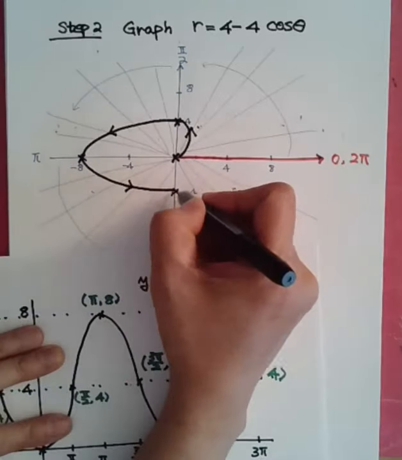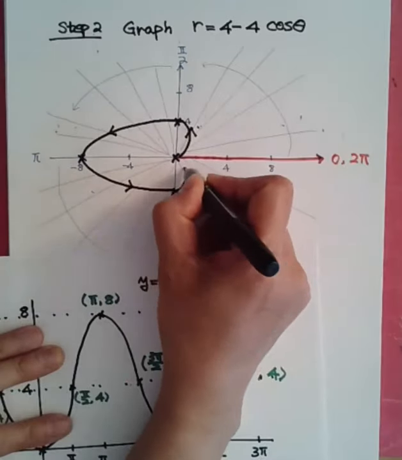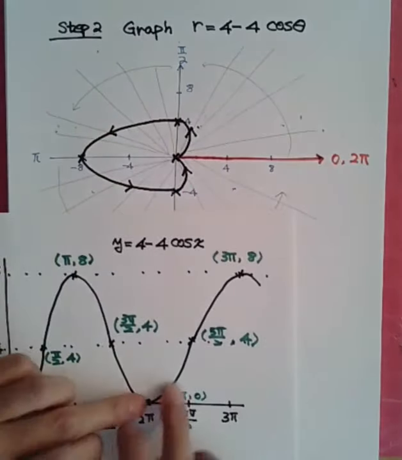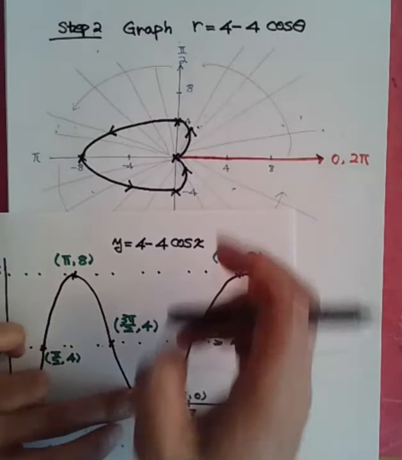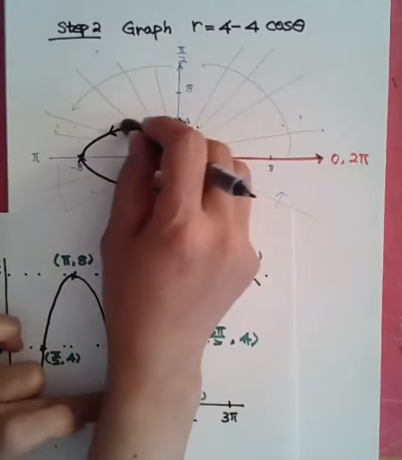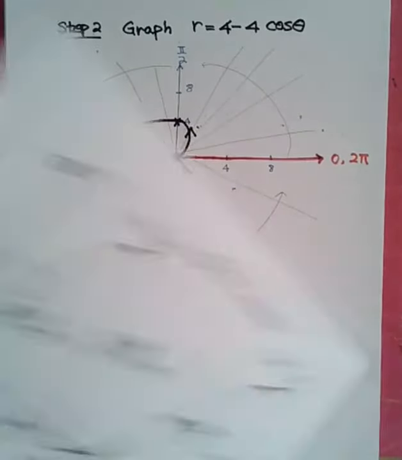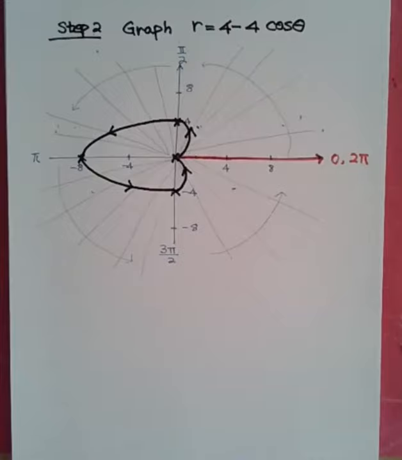So the shape will look like this. If you go further, then you will follow this curve again and again. So this is the completed graph.